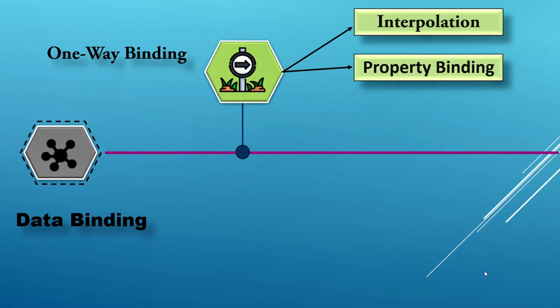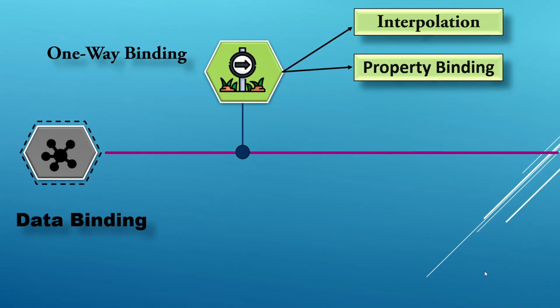And then, by using property binding, you use square brackets. Remember, square brackets. If you write src inside the square brackets, then whatever you write after src equals, the compiler will automatically take it as a variable, not as the literal text you have written.